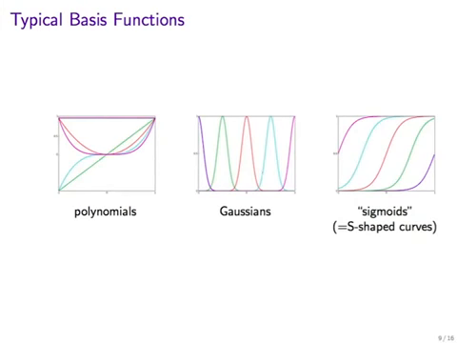Typical basis functions that are used in linear regression are polynomials, or Gaussians, or sigmoids. Remember that Gaussians are given by this equation, and that sigmoids are typically given by this one.